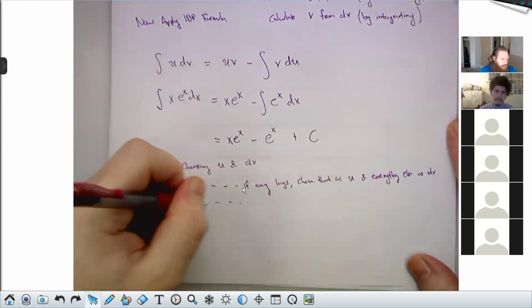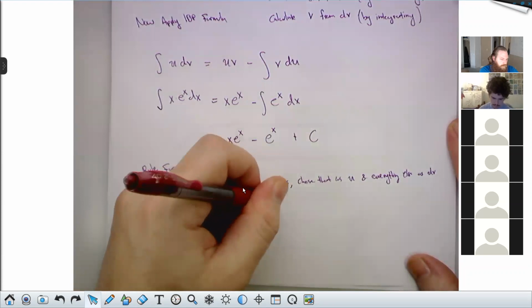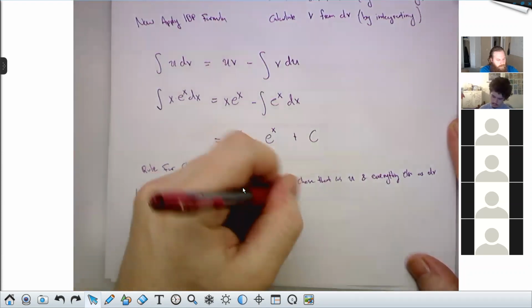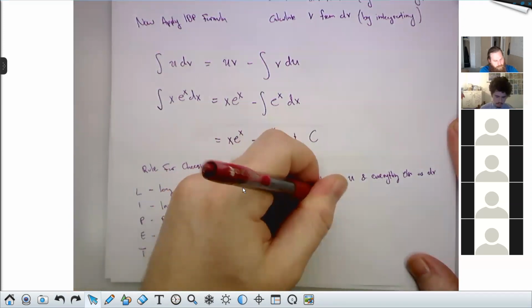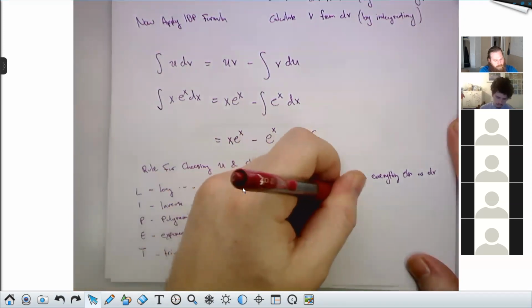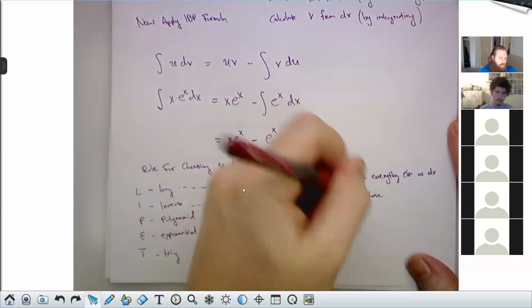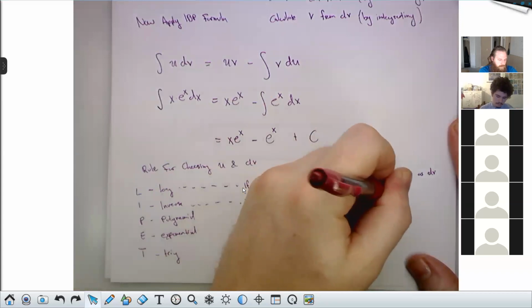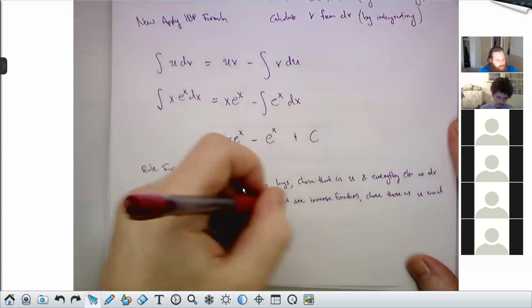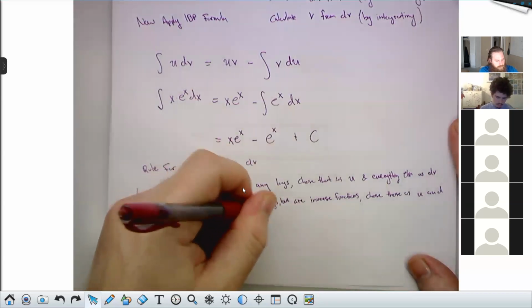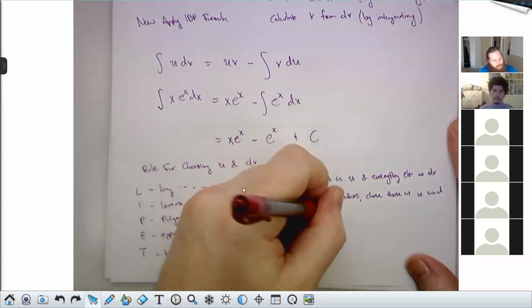The second row here: if there are no logs, but there are inverse functions, choose those as u and everything else as dv.